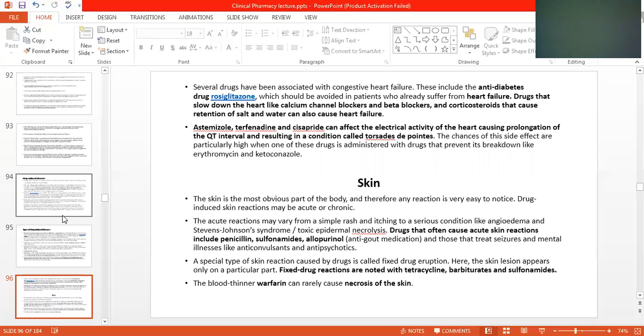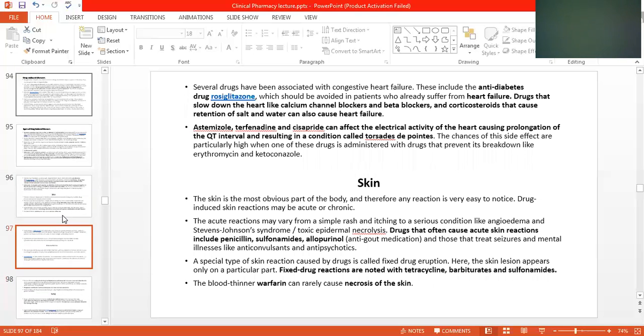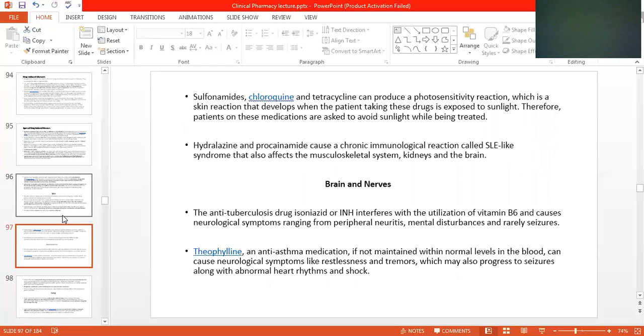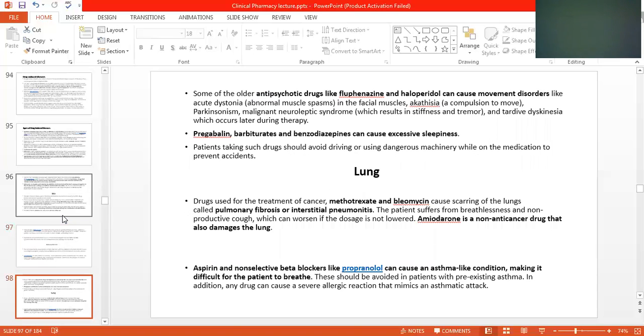Some drugs cause seizures and mental illness. For example, the tuberculosis drug INH causes a depletion of B6, which creates a neurological effect. Then theophylline, a bronchodilator, can affect the heart rhythm.